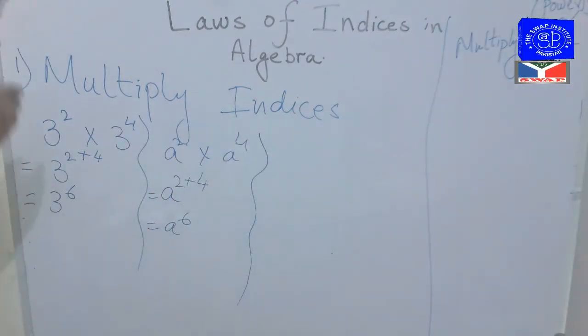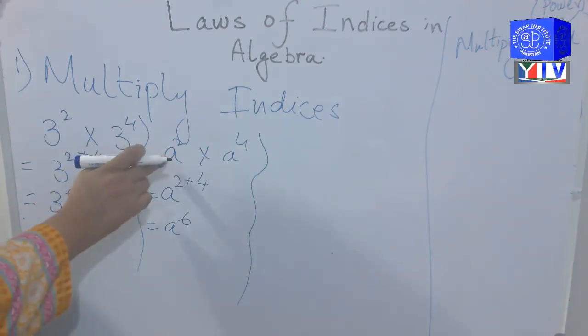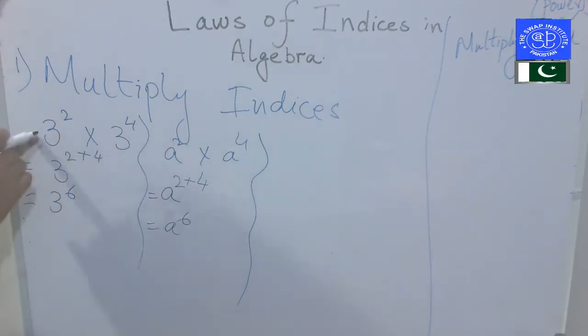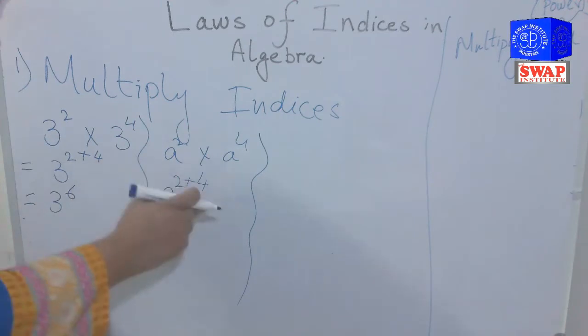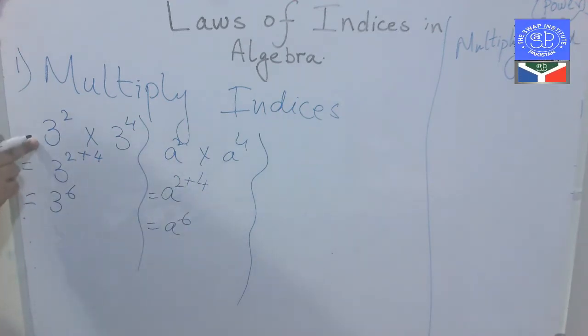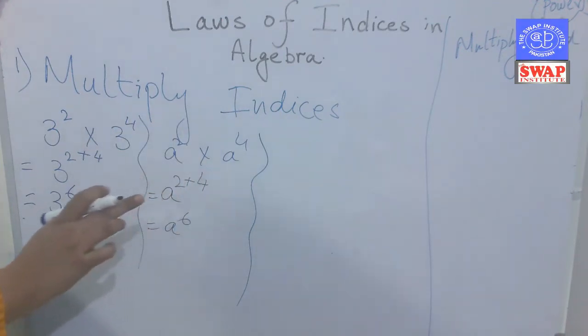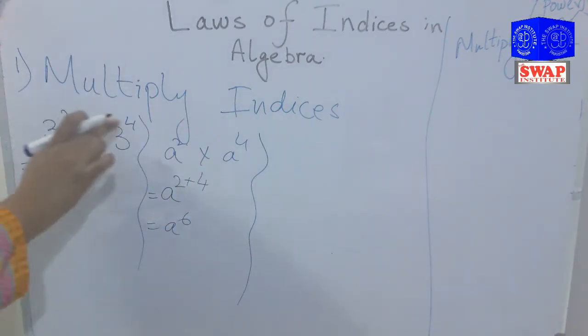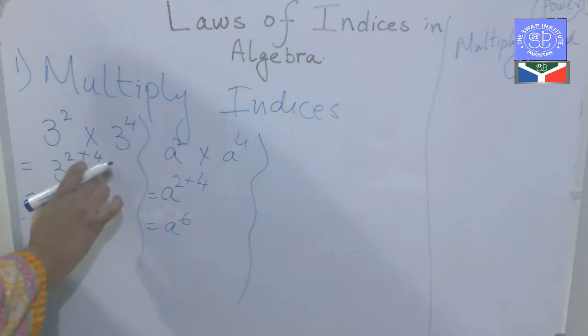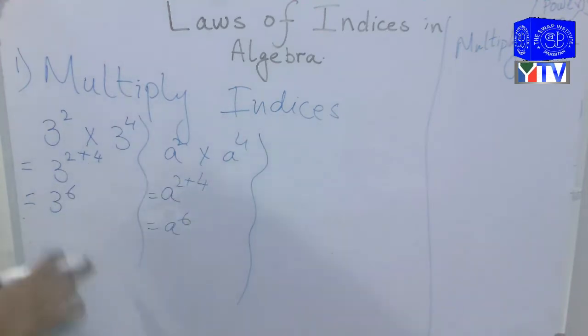You have noticed that the bases are the same, that's why the rule is applied. Whether the base is a number or an alphabet doesn't matter, because the rule is adding the powers.